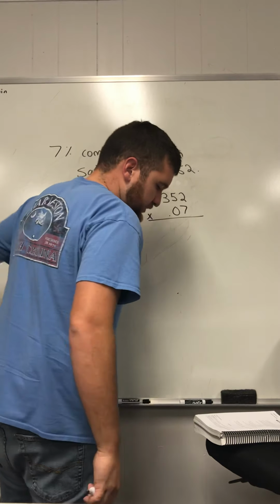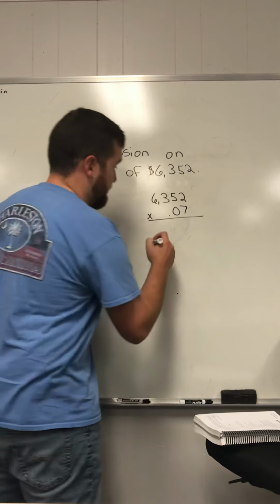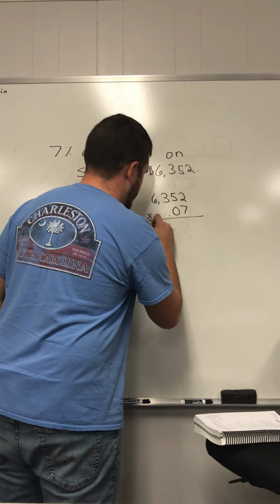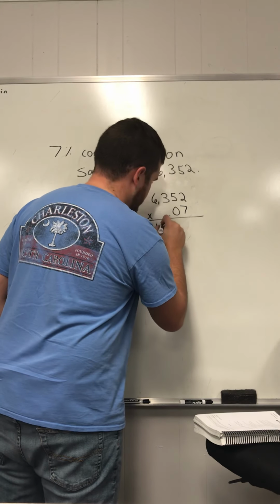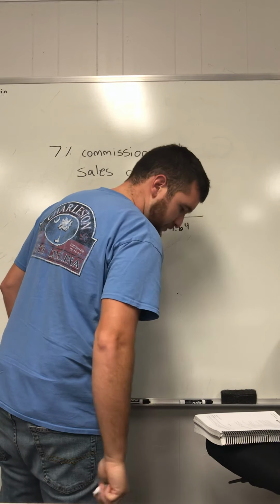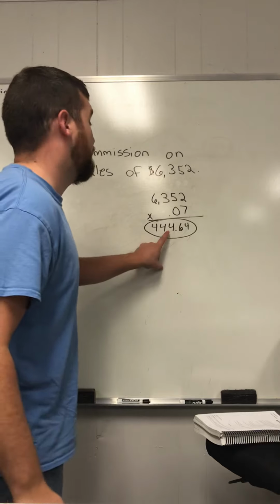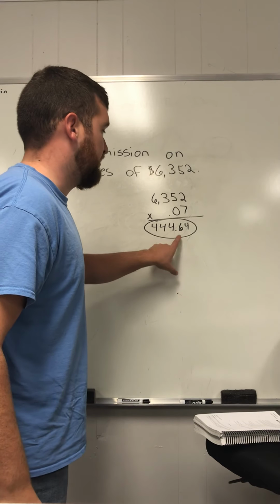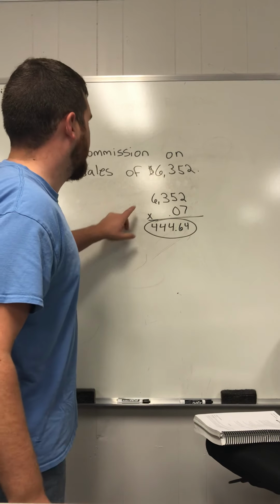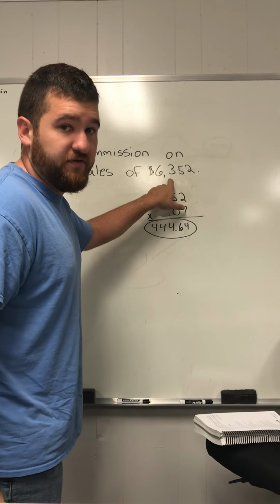Okay? And I could work it out, but I'll just write the answer in. 4, 4, 4, 6, 4. All right. So $444.64 is 7% of 6,352.